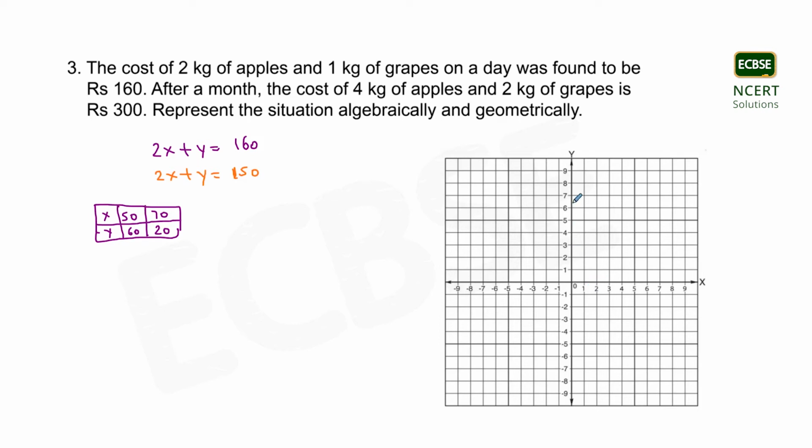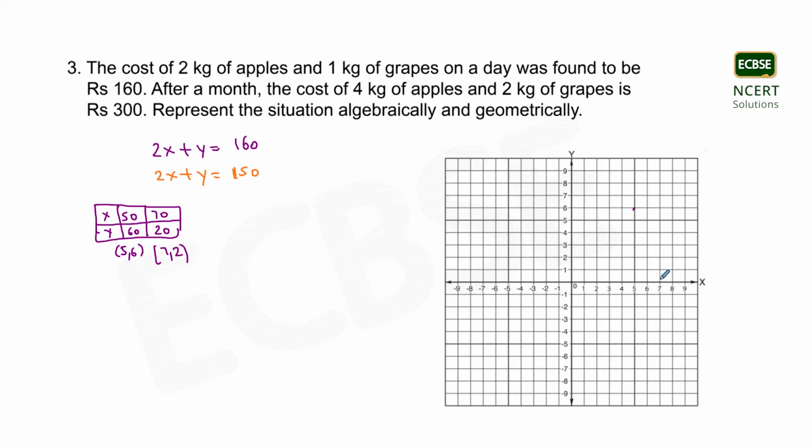This will be 20, this will be 60, this will be minus 50, and this will be minus 60, and so on. So the point 50 and 60 of the table will be marked as the point 5, 6 on the graph. So marking the point 5, 6, that is this point, and the point 70, 20 of the table will be marked as the point 7, 2 on the graph.